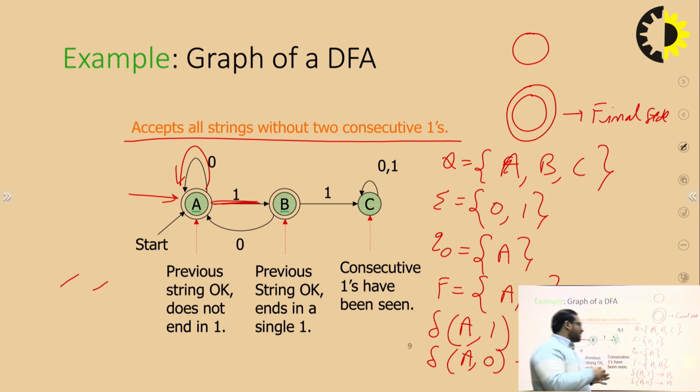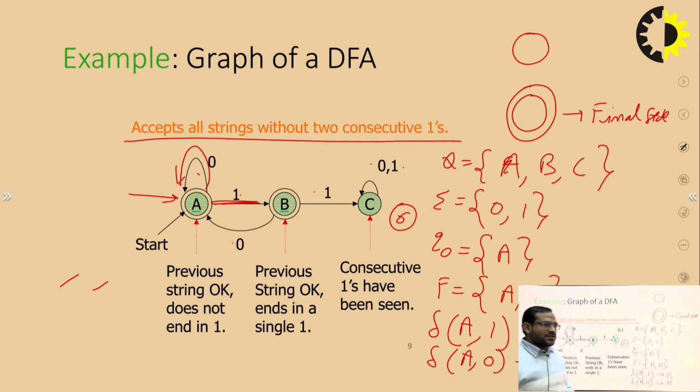Next state basically means going to the next phase. When A is taking 1, it goes to B. When A is taking 0, it comes to the same state. So this is also a correct way. This is the way you can write all the transition functions. How many transition functions are there? 1, 2, 3, 4, 5, 6. So a total of 6 transition functions. You can write the other 4 also.